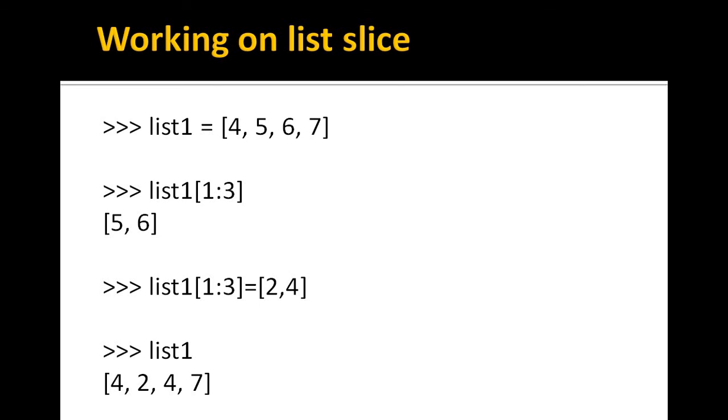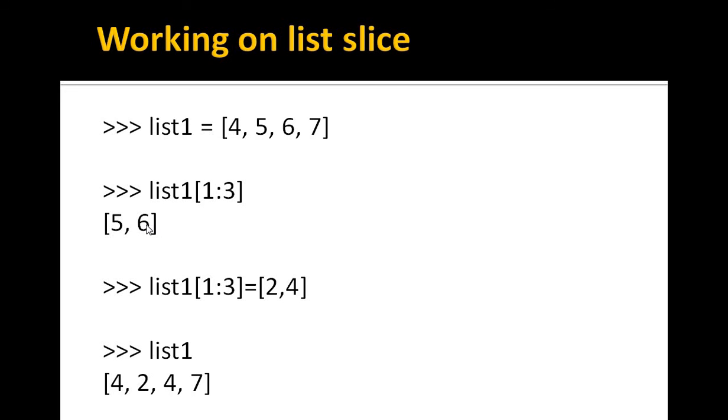After this, it has been shown how to change those values at positions 1 and 2. So at positions 1 and 2, you can change this sublist by assigning it new values 2, 4.